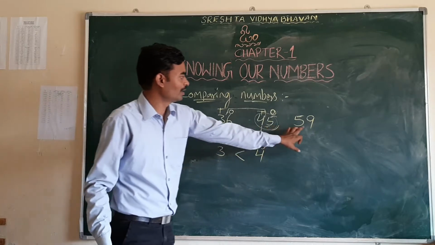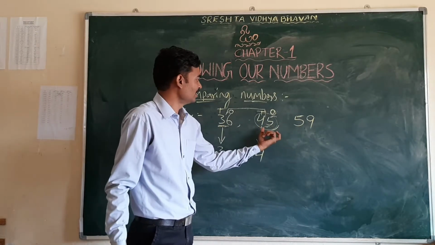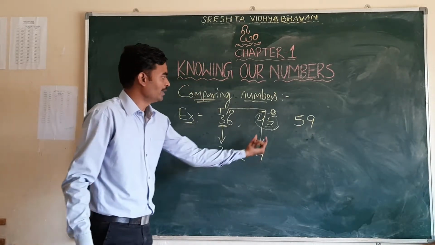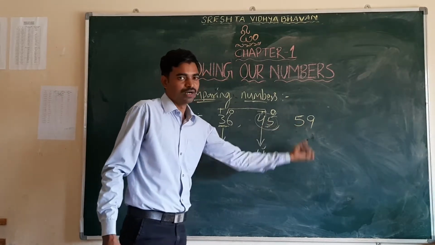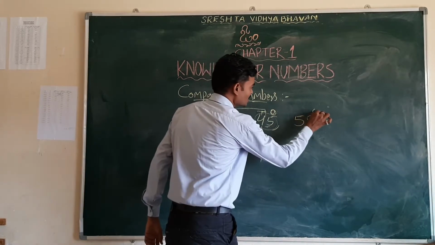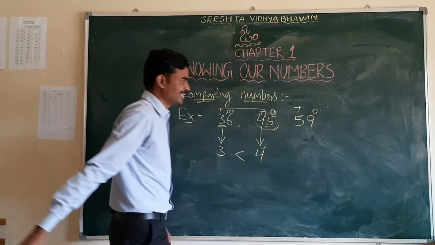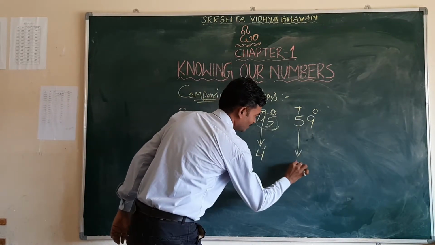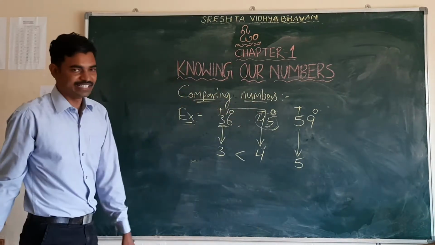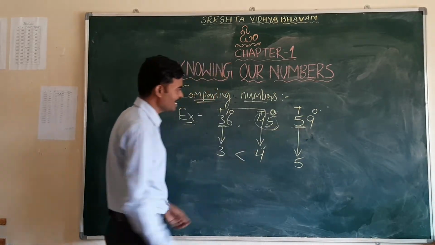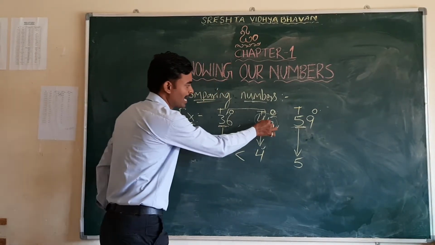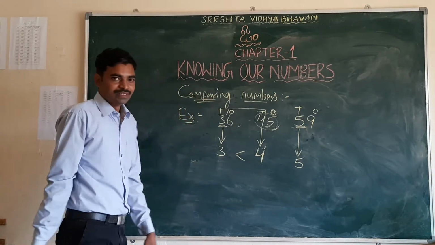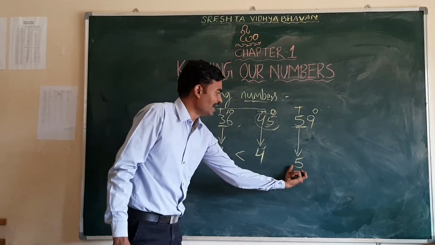Now, for the third number, we compare the second number to the third number. In the tens place, the third number has the digit 5 and the second number, 45, has the digit 4. We compare 4 and 5.